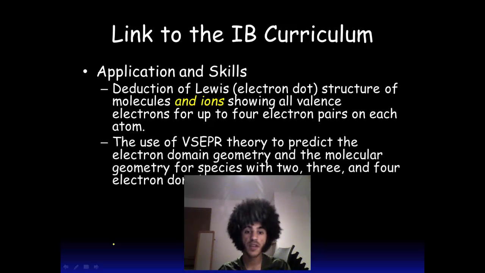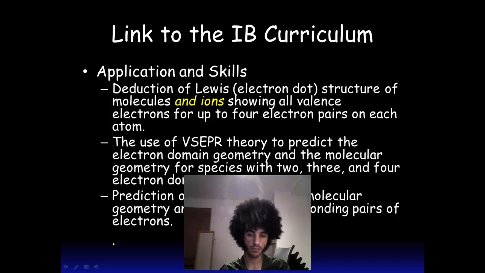The next point is the use of VSEPR theory to predict the electron domain geometry and the molecular geometry for species with 2, 3 and 4 electron domains. We'll cover that today. And finally, the prediction of bond angles from molecular geometry and presence of non-bonding pairs of electrons. So hopefully this video will cover how you can do these things.